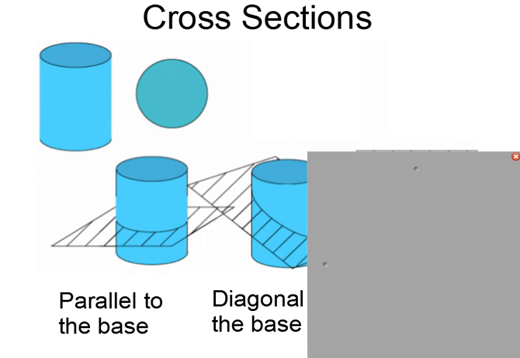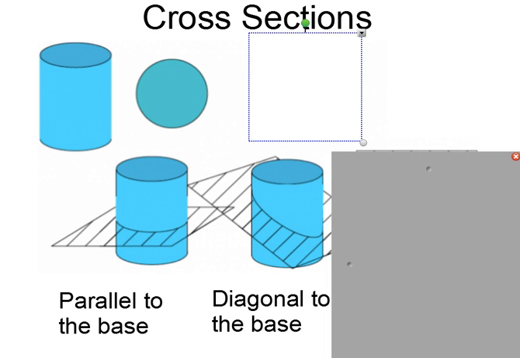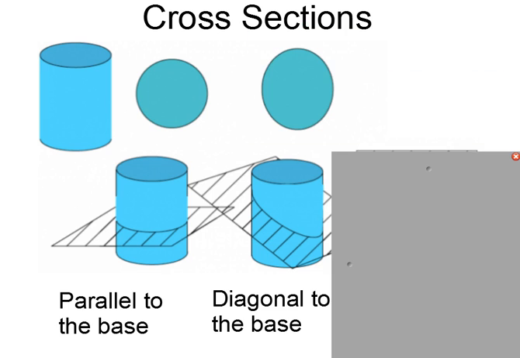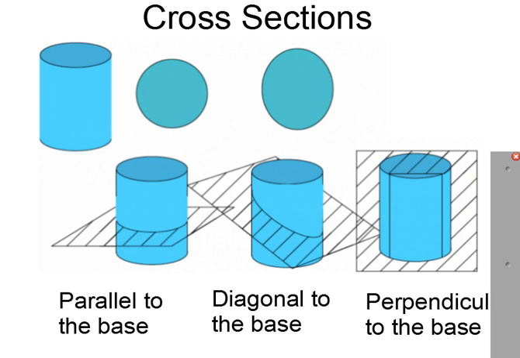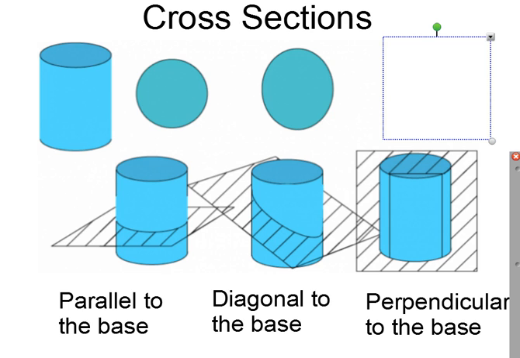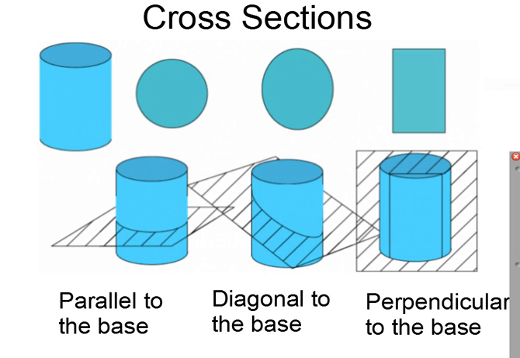If we were to slice that cylinder diagonally to the base, we would end up with the shape of an oval. And if we were to slice through the cylinder perpendicular to the base, so up and down, we would end up with the shape of a square.